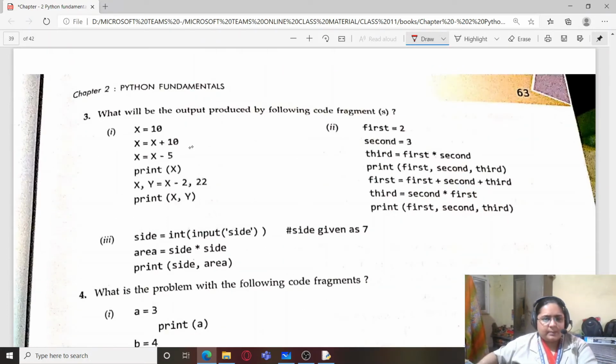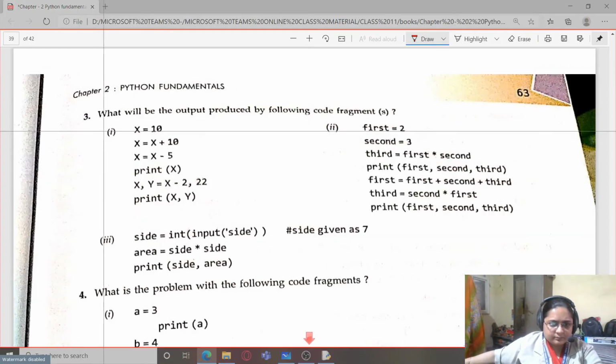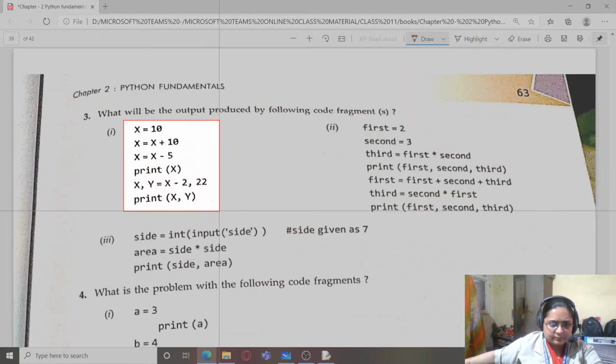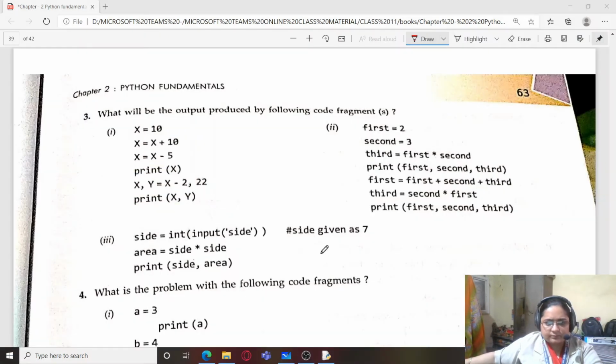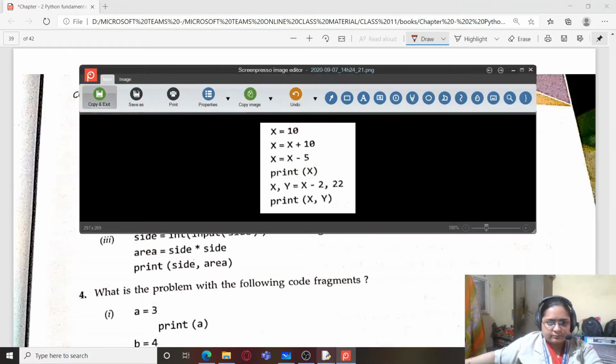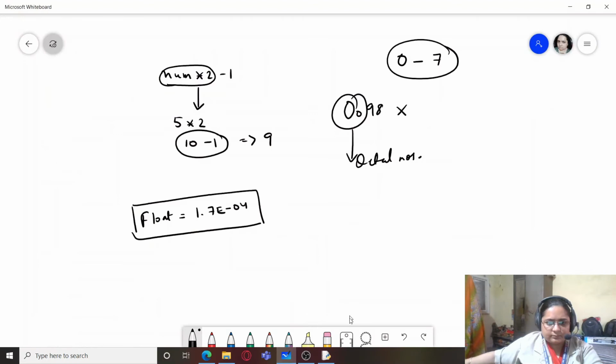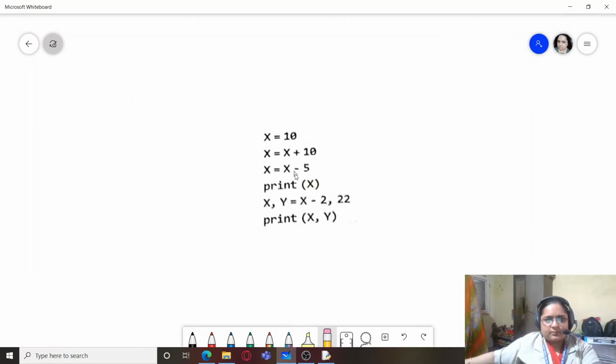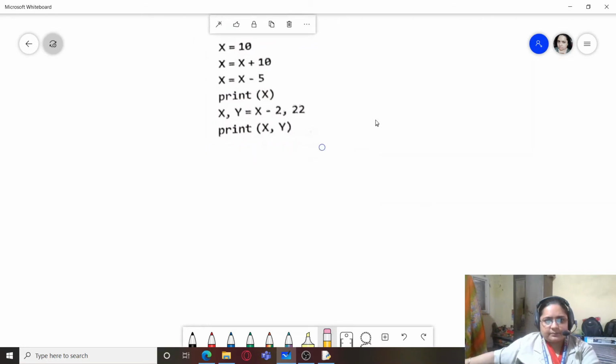Next is: what will be the output produced by the following code fragments. So the first one is x equals 10. So I'm just going to copy this code. So here it is.